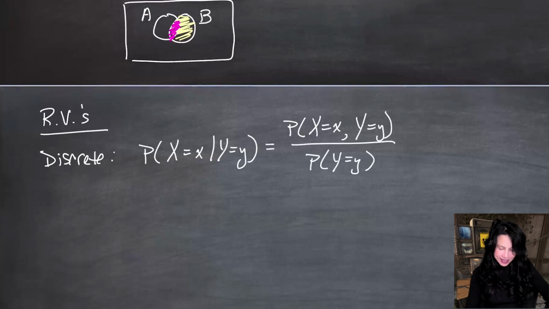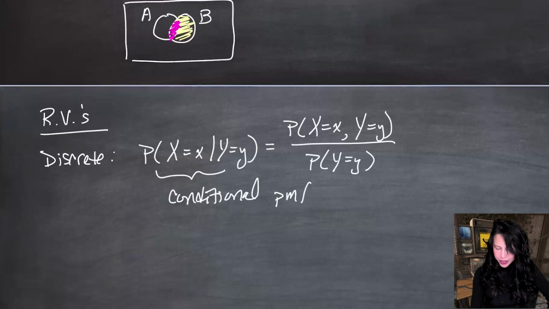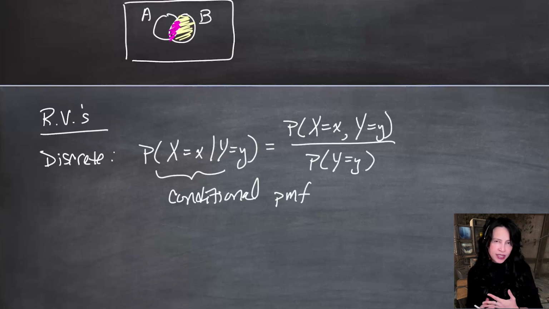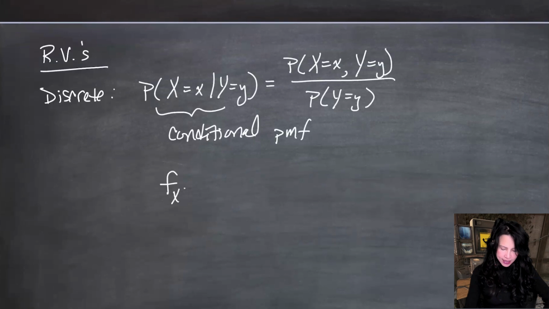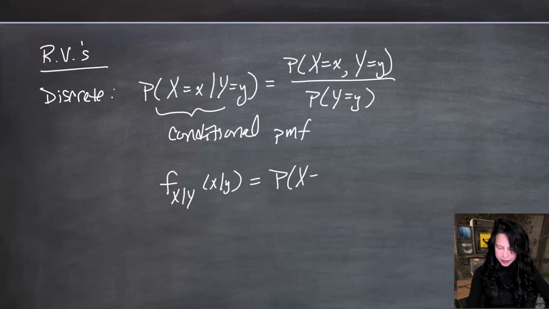And this is a conditional probability mass function. We have a probability mass function for discrete random variables, a probability density function for continuous ones. I tend to call them all PDFs, but know that they mean different things. But you can give this a notation like the PDF for X given Y at some argument little x given some argument little y. So use that as this definition.